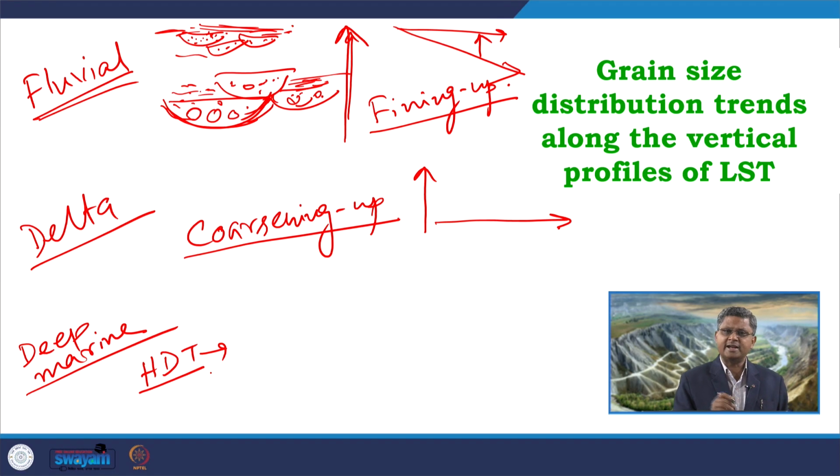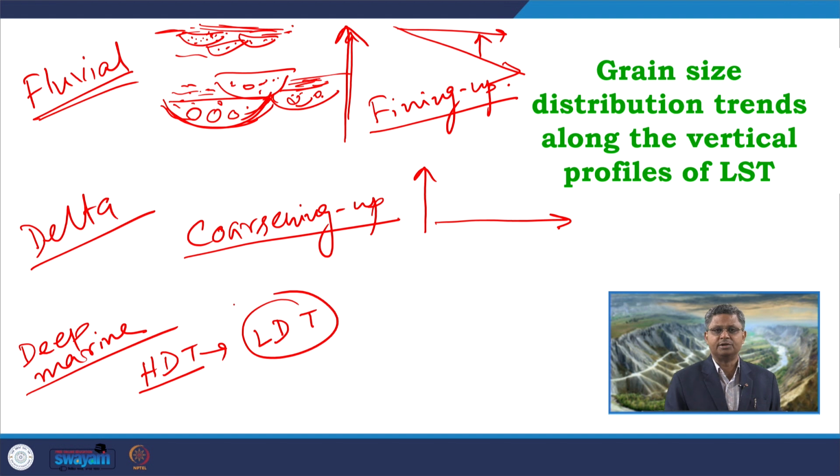Now, on that high density turbidite, during the LST phase we have seen that low density turbidites will be deposited. Definitely, if I look at the overall grain size distribution, the supply of sediments is gradually decreasing, because the fluvial system is gradually onlapping, it is going back, and so the supply of sediments by the fluvial system is also decreasing.